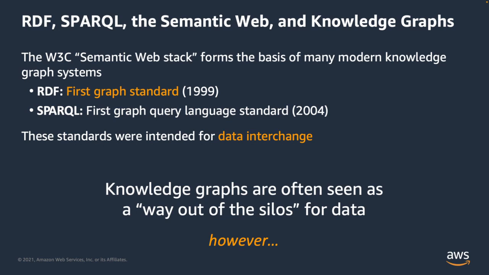Now, if we think about knowledge graphs, they're often seen as one way out of the silos for data. And that's a very nice thought. We don't like silos. We want to get the data out of them. A knowledge graph ostensibly could provide a solution for that.